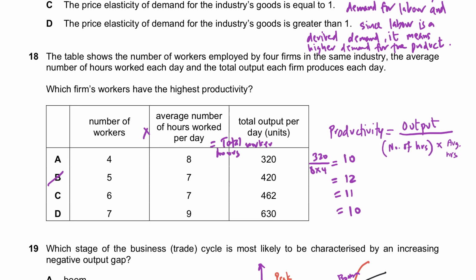Number 18 is about productivity. They gave us three things. They gave us the number of workers, the average number of hours worked per day, and the total output. So the way I'm going to find productivity would be total output divided by number of workers times average number of hours.